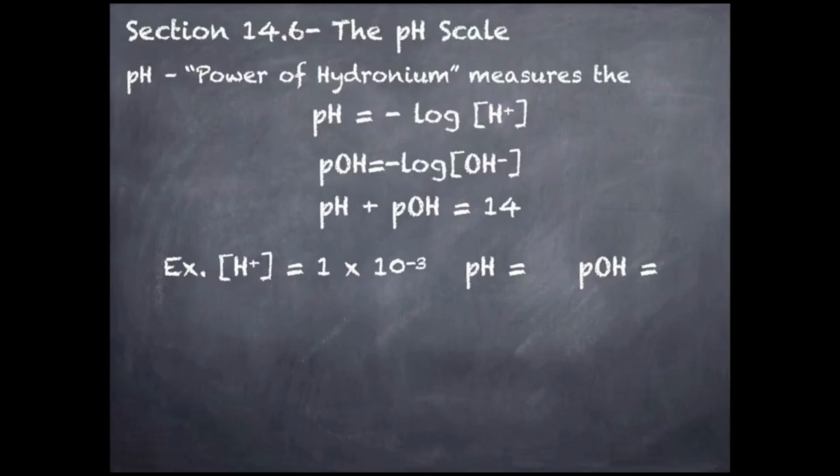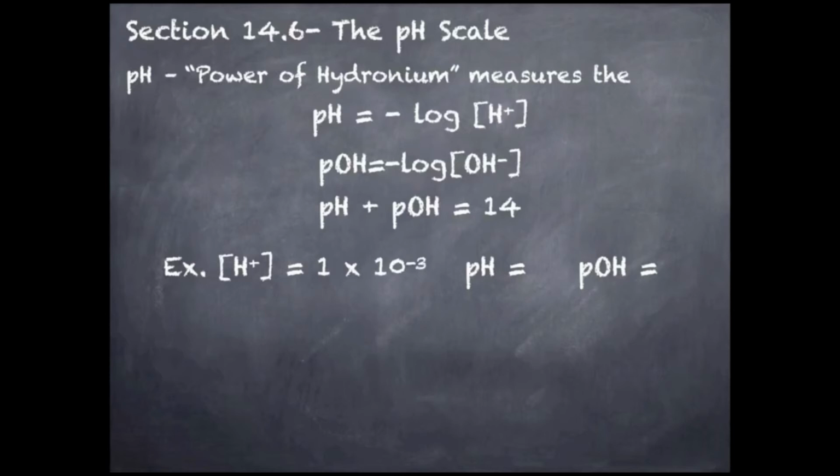Now, the only tricky thing about these problems is making sure you're rounding to the correct number of sig figs. So, for your concentrations, if I give you concentrations of either H+ or OH-, you are going to be looking at sig figs. However many sig figs your concentration has, that's how many decimal places your pH should have.